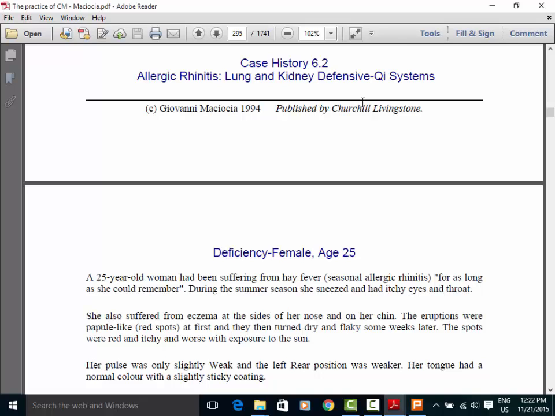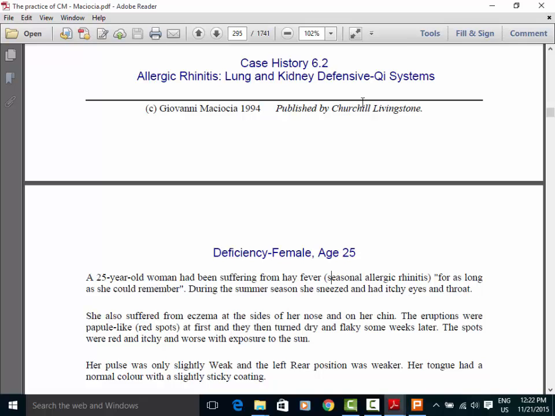Okay. What signs and symptoms of yin deficiency do you see? Itchy throat. Does that tell you this is yin deficiency? What sign of yin deficiency do you have besides the weak pulse in the side of the kidney?